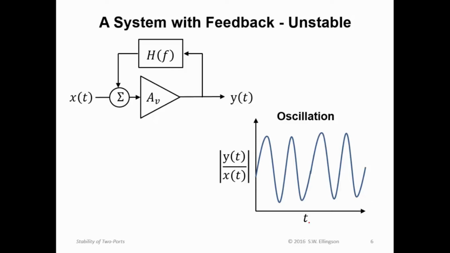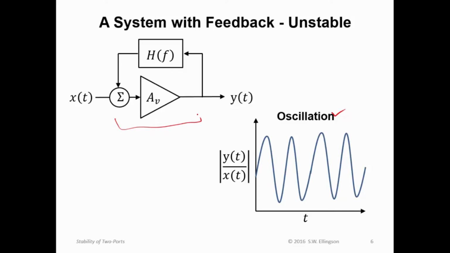Another way a system can be unstable is when its gain, and that's gain in the sense of y of t divided by x of t, varies periodically, and we refer to that as oscillation. So it is possible to have such a thing like this and have the result be that the magnitude of the ratio of the output to the input varies sinusoidally, and that oscillation is also referred to as instability.